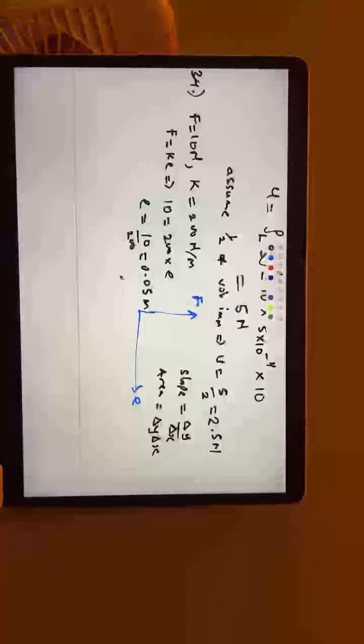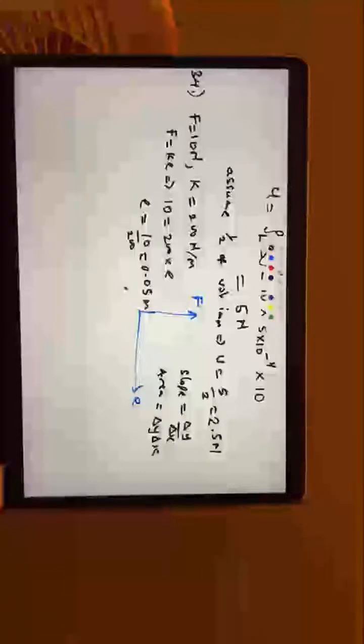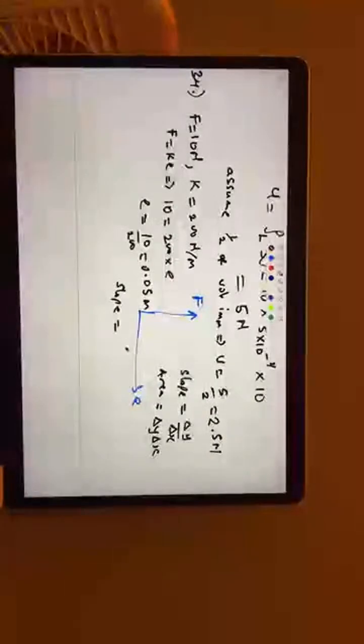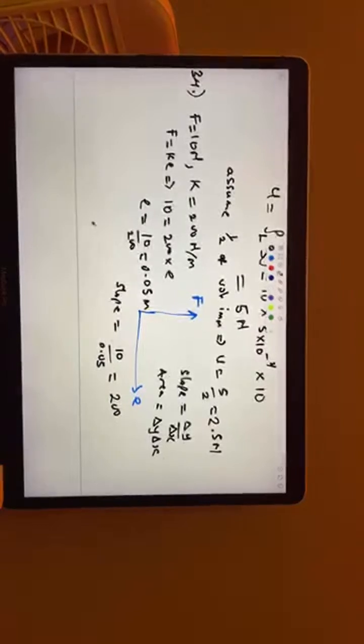So now let's look at what we are looking for here. The first case is slope. Slope will now be what? Change in F over change in e. So that's F over e. That's 10 over the extension, 0.05, which will give us 200. That's the slope. And for the area, that will be the multiplication of F and e, where F is 10, e is 0.05.